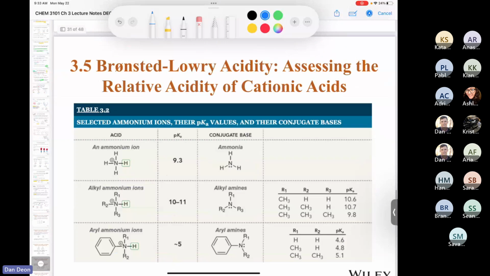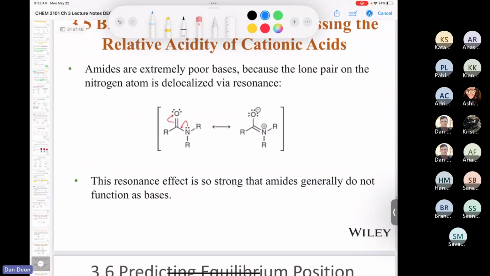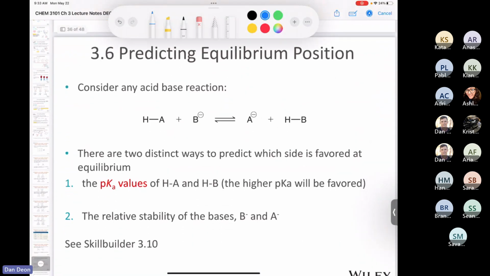And I wanted to move ahead to section 3.6, where we predict the equilibrium position. All right. So if you have any kind of equilibrium, if you go back to your Gen Chem 2 days, remember that's all you talked about? Equilibrium this and equilibrium that for probably 2 months or something.